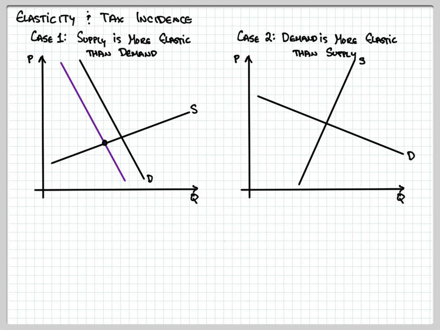Obviously, we have a reduction in quantity. And here is the price that buyers pay. Let me jot that in. So this is our equilibrium price. This is the price that buyers pay.